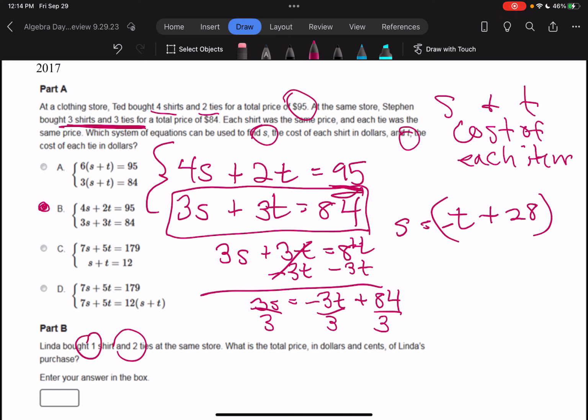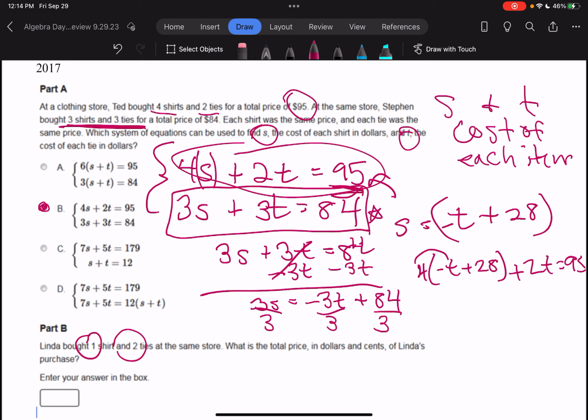Now I have something that I can plug in. Remember, I used this equation, so I need to plug in to S in the other equation. So I'm going to do 4 times negative T plus 28, plus 2T equals 95. Distribute negative 4T plus 4 times 28, which is going to give me 112, plus 2T equals 95.